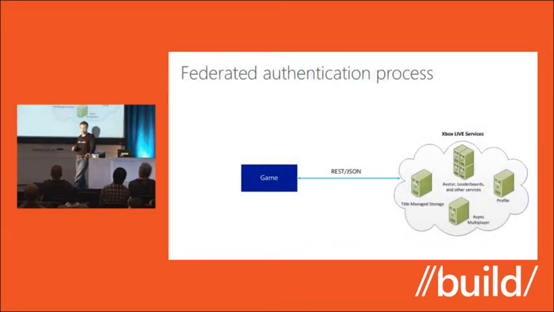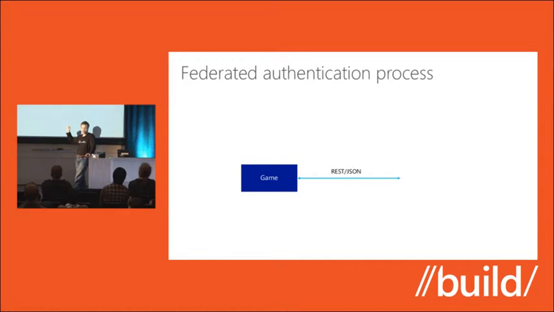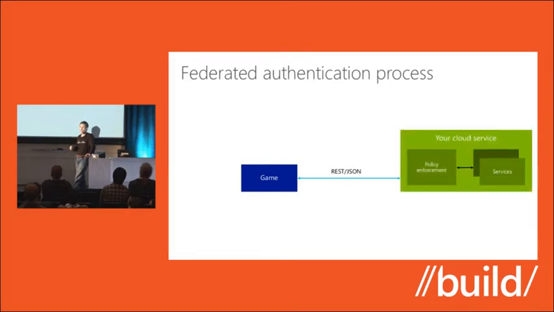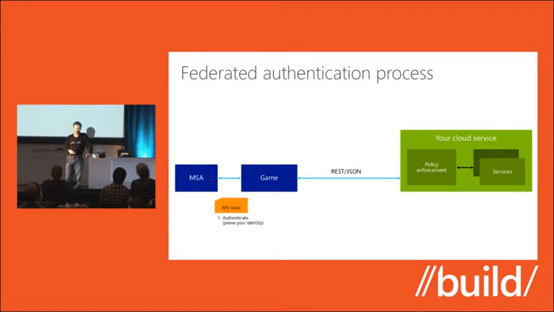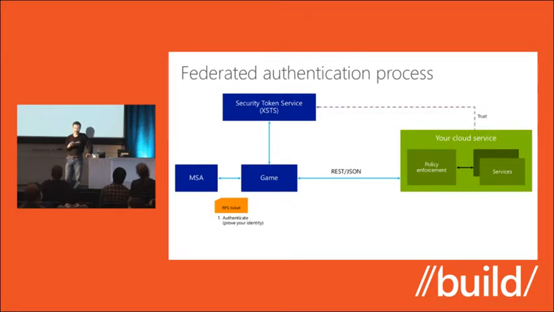Basically, federation is saying we're taking this scenario, and we just want to replace that with your service. So your game has its own cloud service, and you want to provide single sign-in support. So you just want to federate with us for the authorization. The process is exactly the same. We go to MSA, we get the ticket, we go to XSTS. This time we have established a trust relationship with your game server.